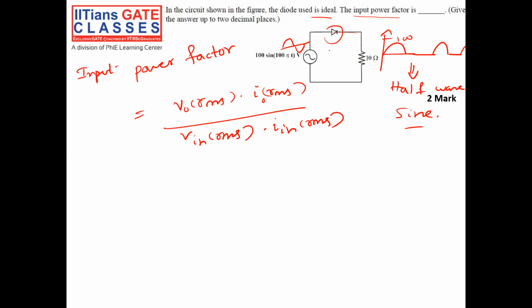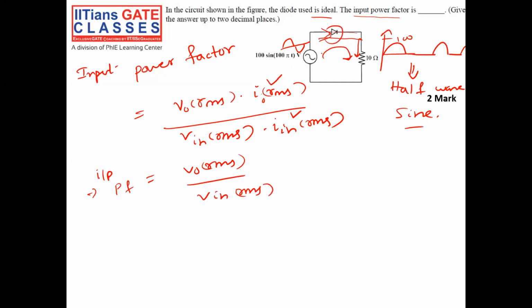Whenever the diode is forward biased the current will flow, and whenever it is reverse biased there is no current. Since the input and output are connected in series through this diode, the same current flows through input and output, so the output RMS is equal to the input RMS current. The input power factor is V out RMS divided by V in RMS.